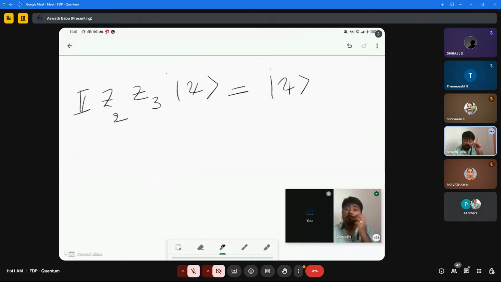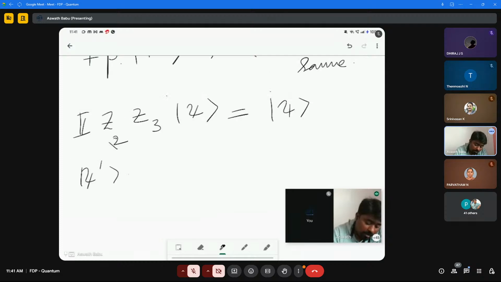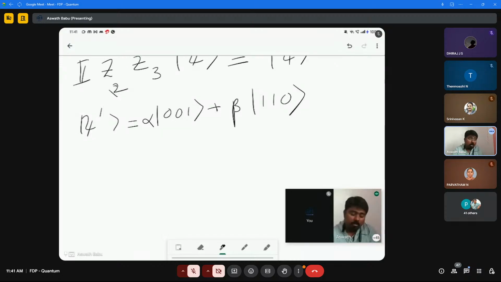Let's say the third qubit got flipped. So what would the quantum state look like? 001 with alpha plus beta 110. This is the third bit flip. So now you act this measurement on this. What happens?